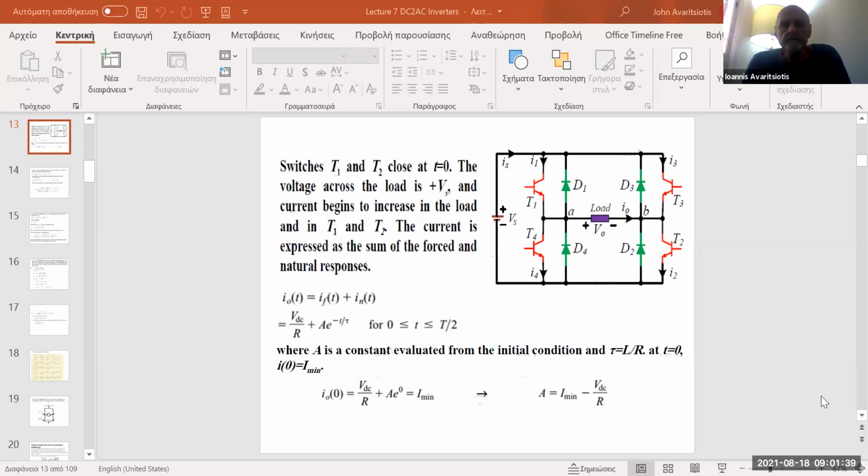So if you remember, we were discussing, my dear students, the functionality of a full bridge inverter, in which we have 4 switches, which here in this circuit, the ideal switches are shown as bipolar junction transistors, NPN type bipolar junction transistors.